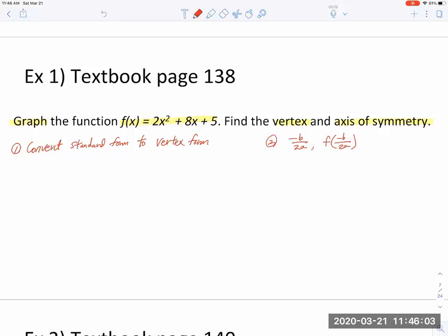So the first method, we have a given standard form f of x equal to 2x squared plus 8x plus 5. And again, I want to change it to f of x equal a times x minus h squared plus k. So once you find h, k, that's the vertex point of this quadratic function.